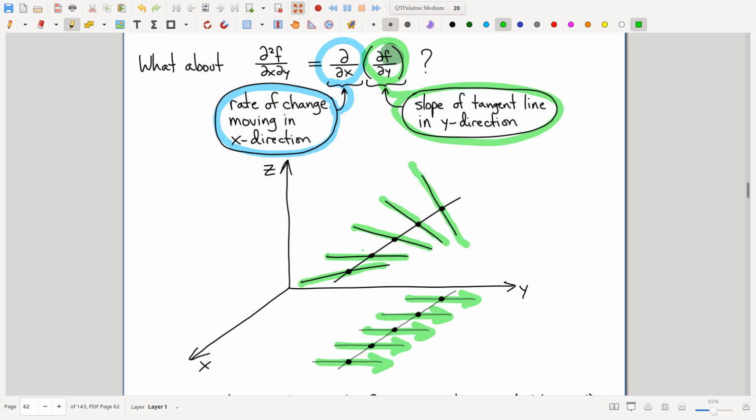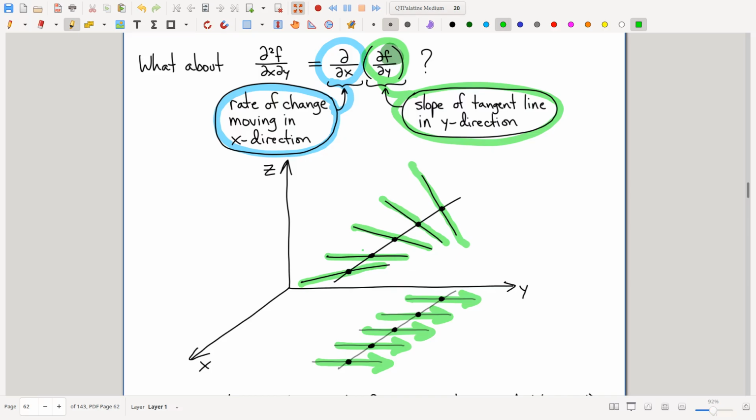I'm not taking the x partial of f. I'm taking the x partial of a different function. I'm taking the x partial of the partial of f with respect to y. And I don't have a picture of that. And I don't want to have to imagine a picture of that because then I'd have two different graphs and oh god, that'd be super confusing.